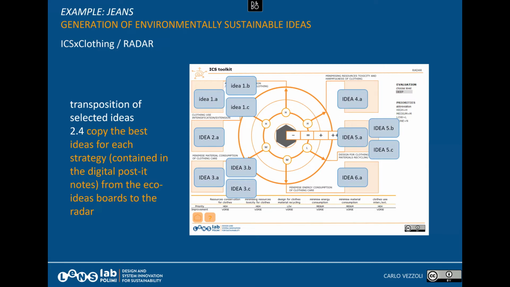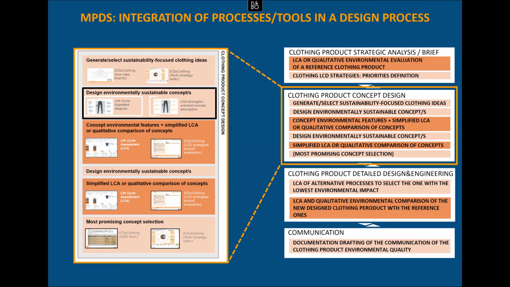You are not taking the idea, in this case, into the innovation diagram, which was on a system level. It's more important to look to a scenario. In this case, we look in relation to the strategy. So you will position into the radar diagram the most interesting idea that you have selected, and so this is the first thing. And then you will decide which of these ideas will be the best to start up, to have a draft of your concept. Okay.